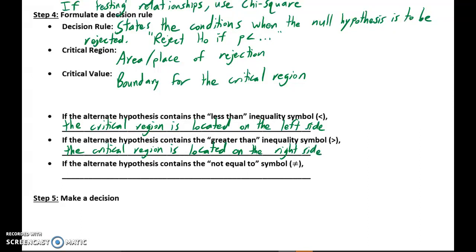And if it's not equal to, then the critical regions are on both sides of the graph. And again, this will make so much more sense once we actually start doing some of these problems. Right now, we're just trying to get the ideas and the vocabulary down.